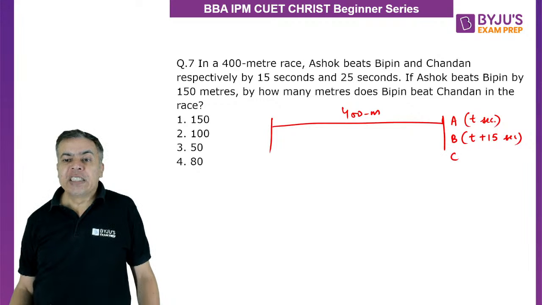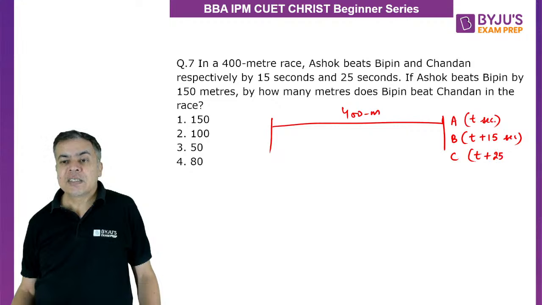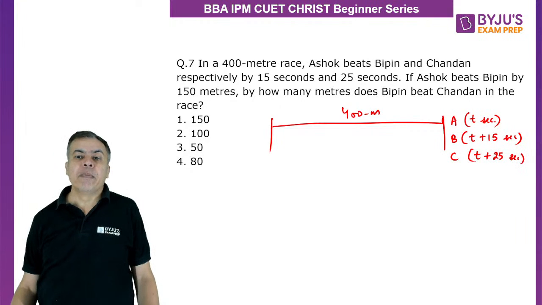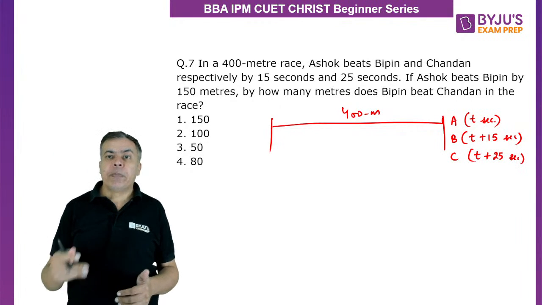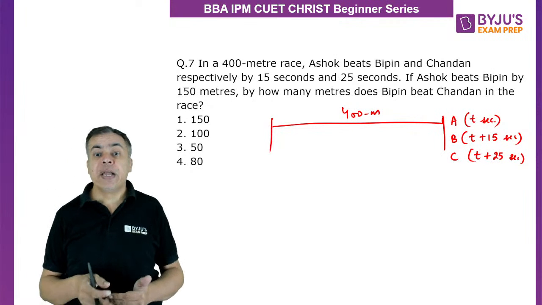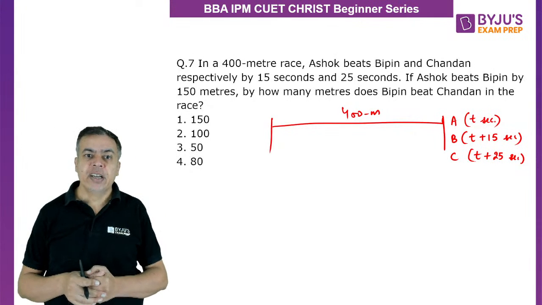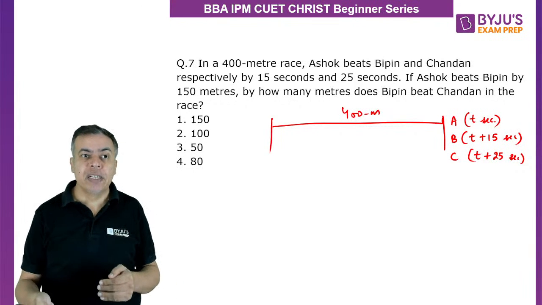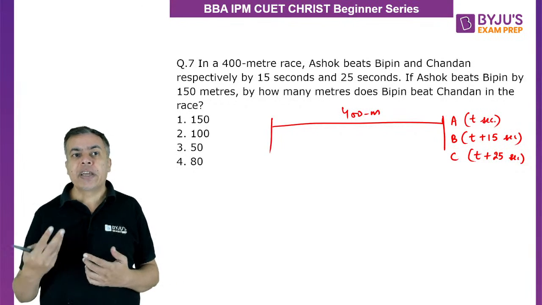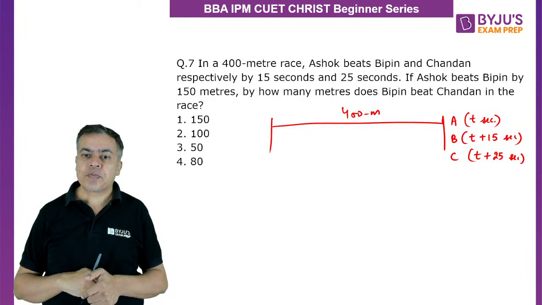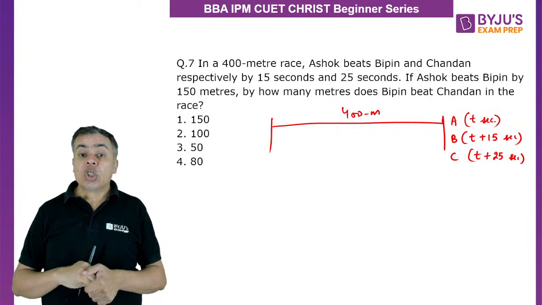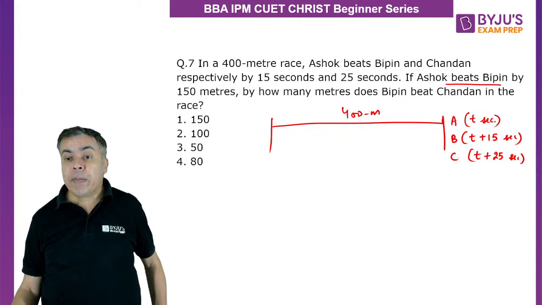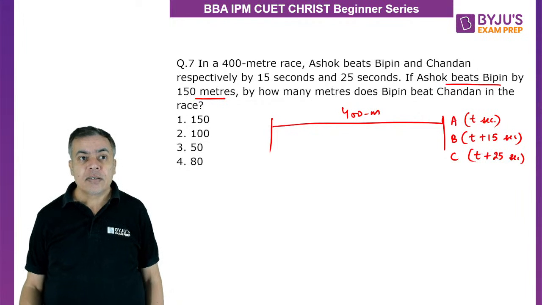And when C reaches here, he must be taking t plus 25 seconds. That is what I mean by A beat B by 15 seconds and A beat C by 25 seconds. But it is also given that A beat B by 150 meter.